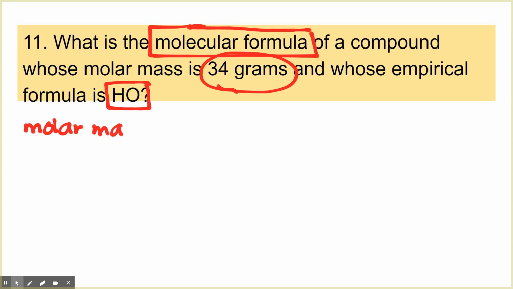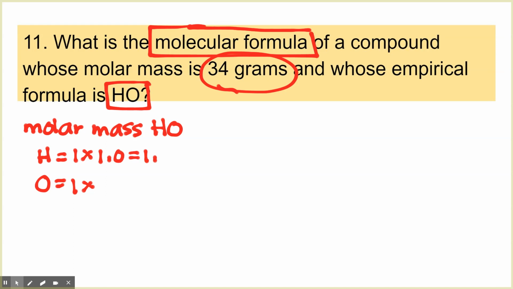Just to compare. So H and O. You got 1 H, 1 O. Multiply this by the mass, which is 1.0. You get 1.0. O is 16. This gives you 16. Then remember, you add them both up, you get 17. So the molar mass of HO is 17.